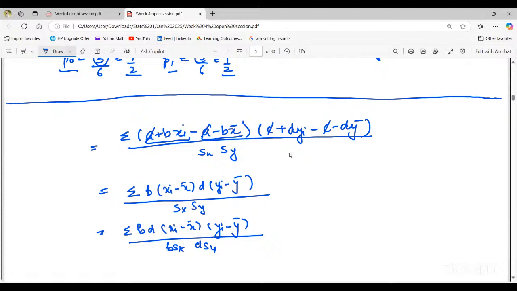The mean for a plus b xi was a plus b x bar. Similarly, what was the standard deviation? It would be b times the standard deviation of x. So here the standard deviation of x would be b sx, and for y would be d sy.